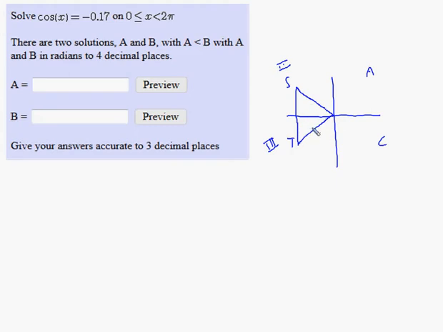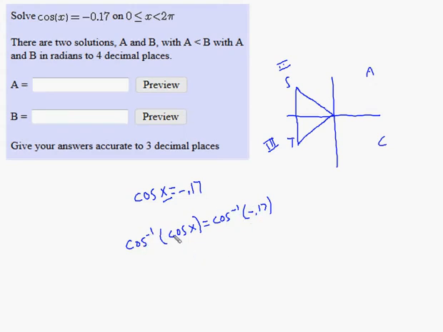Now when I solve this on the calculator, I'm going to invoke an inverse function. So you may have noticed that solving trig equations has a lot to do with inverse trig functions, and one way to write it is to write cosine to the -1, which really means the inverse cosine. So what I'm doing here is taking the inverse cosine of both sides of the equation to show you that solving this equation for x is the same thing as finding the inverse cosine of negative 0.17.